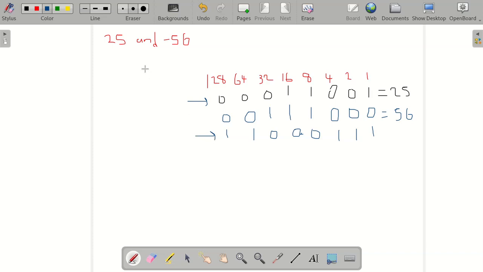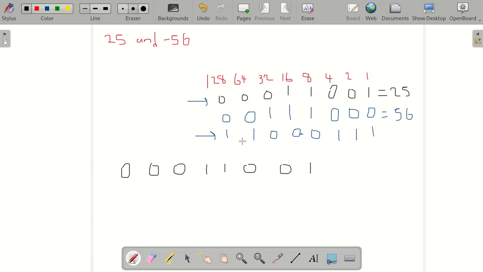Now we can add these two numbers. I'll just write them here. We'll start with our 25, which is 0, 0, 0, then 1, 1, 2 zeros, and a 1. That's our 25.